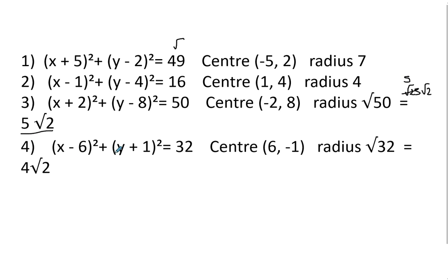This one here, you can see the center will be (6, minus 1), and the radius will be surd 32, so that's surd 16, surd 2, and when you simplify it, it becomes 4 surd 2. I hope you got them all right.